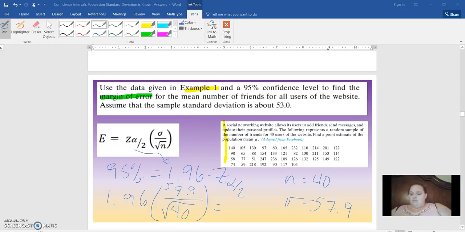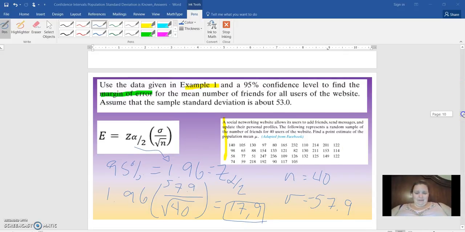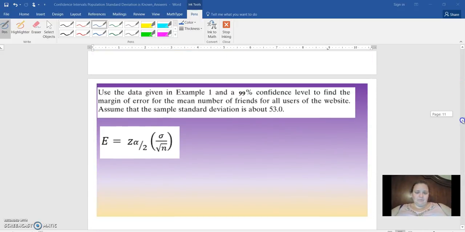Then I'm going to do 57.9 divided by square root 40, and then times 1.96. And I get 17.9. That's my margin of error. So 17.9 friends. That's kind of big.